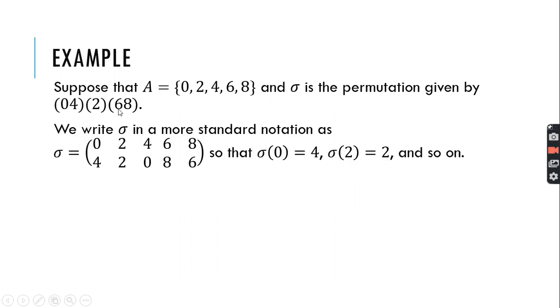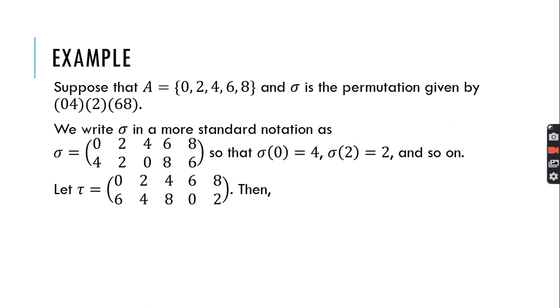We write sigma in a more standard notation as the following. So sigma is the permutation of 4, 2, 0, 8, and 6, so that sigma of 0 is 4, sigma of 2 is 2, and so on.